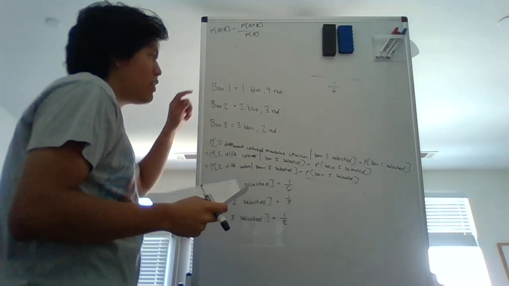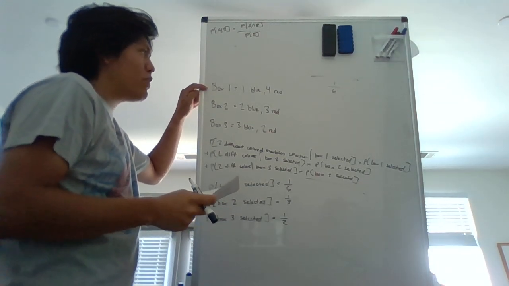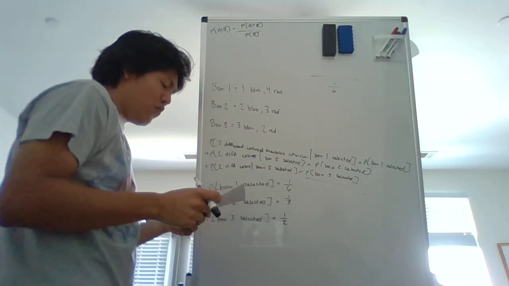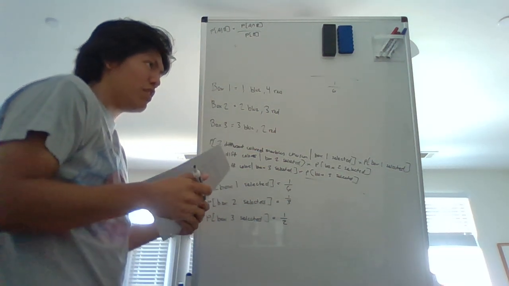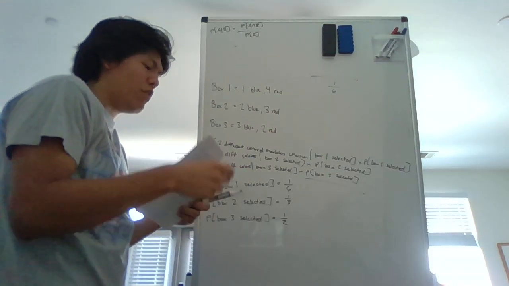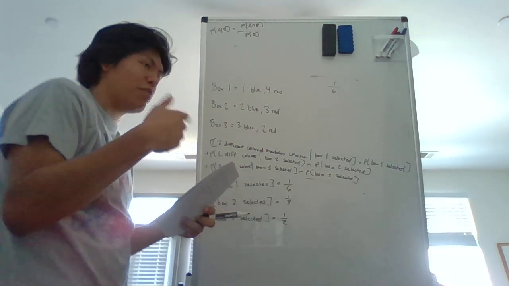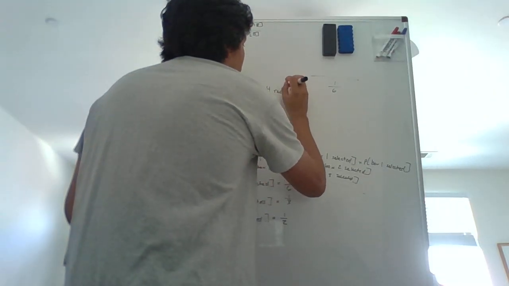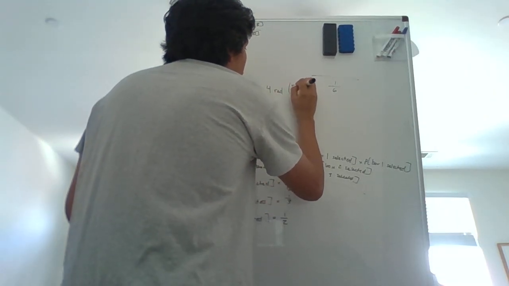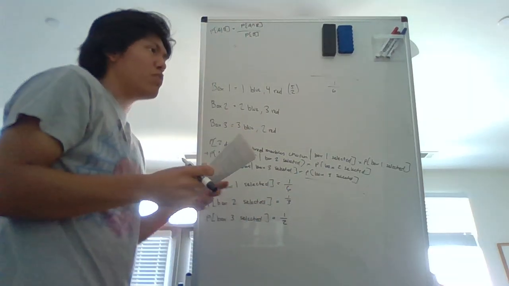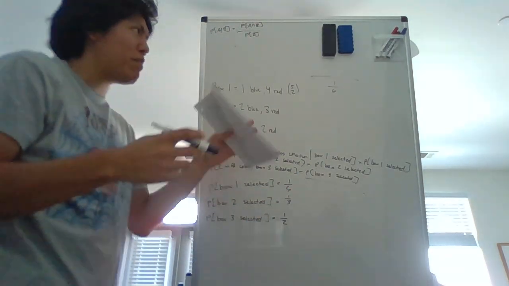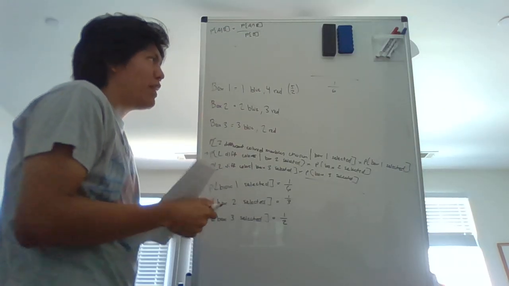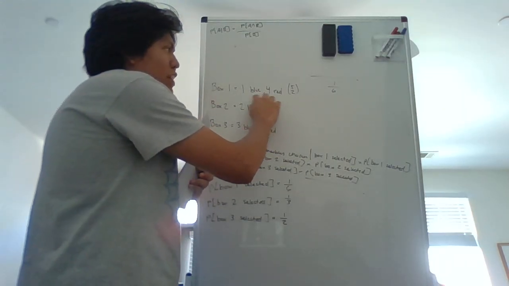Now, if each box has 5 marbles total, what is the probability of us choosing, and we were choosing 2 marbles, right? 2 marbles are drawn without replacement, so that's 5 choose 2. That's how many different ways we can choose 2 marbles out of a total of 5.